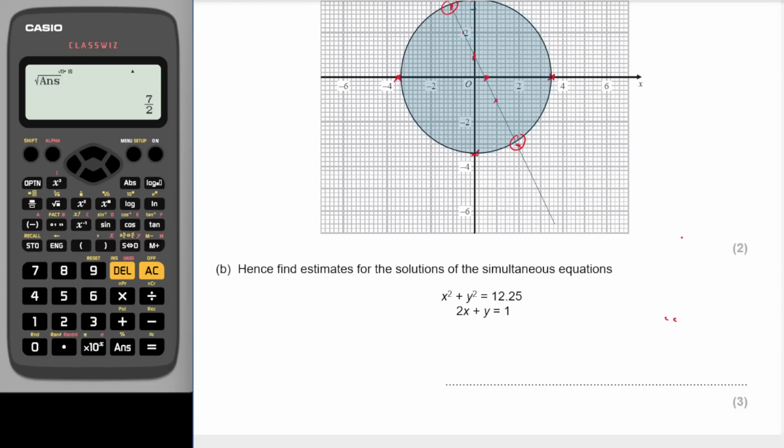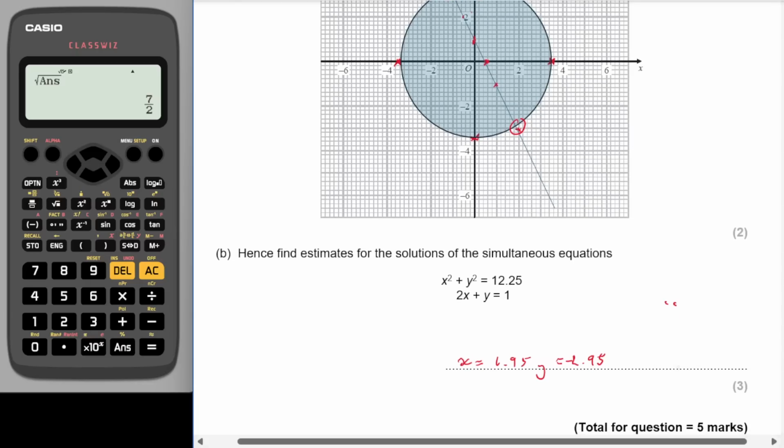So reading the coordinates off, I'm going to have two pairs. Just trying to read it off. Just below 2, but only just. So let's go when x is equal to 1.95, and y is equal to minus 2.95. So I think actually 2 and minus 3 would be fine there.